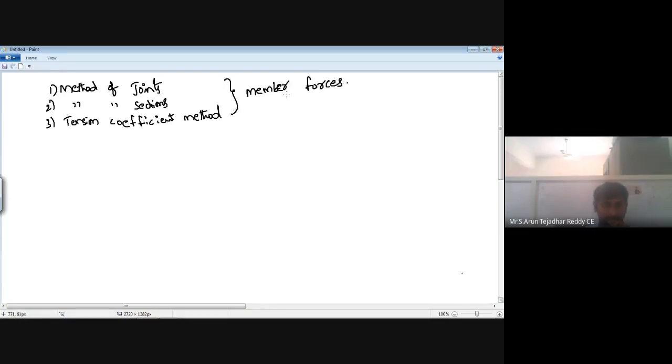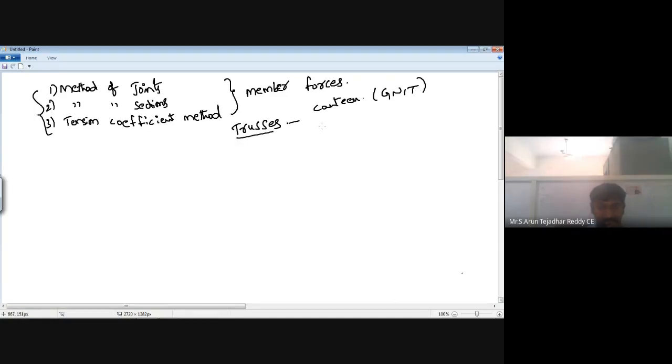And where are these three methods applicable? That is in the construction of trusses. Any method is applicable for trusses. Where can you see this type of trusses? If you take any canteen, suppose the GNIT canteen, we have trusses.